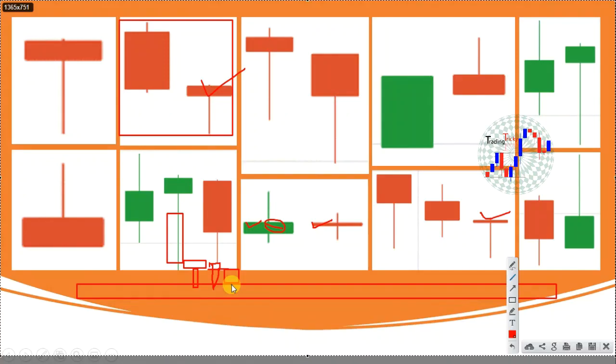If this candle has lower side rejection, still the next candle will be a green candle. But if this candle has very strong rejection, then there are 50-50 chances, because maybe this trend is going to break now.